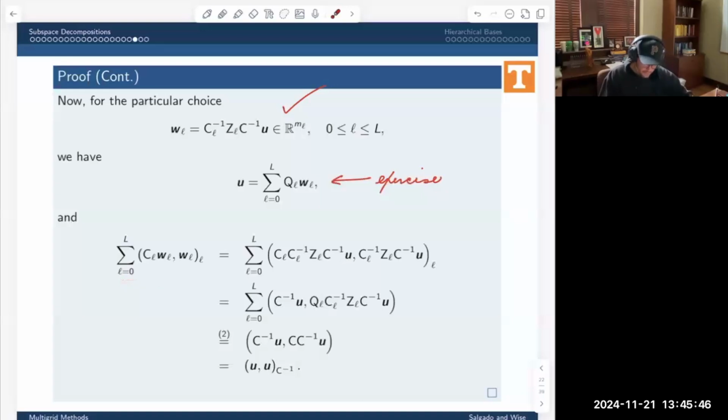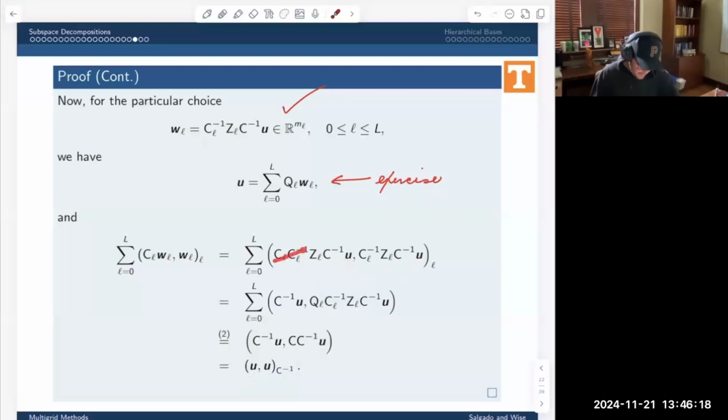I want to show that through some work, I get all the way back down to here, and therefore I've shown that the infimum is attained, and it's attained at U U in the C inverse inner product. All right, so how do we do this? I'm going to plop in this definition for WL and WL, so there and there for each WL.